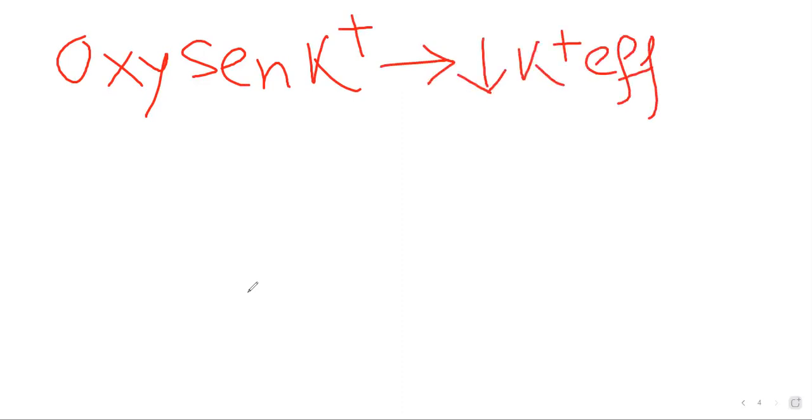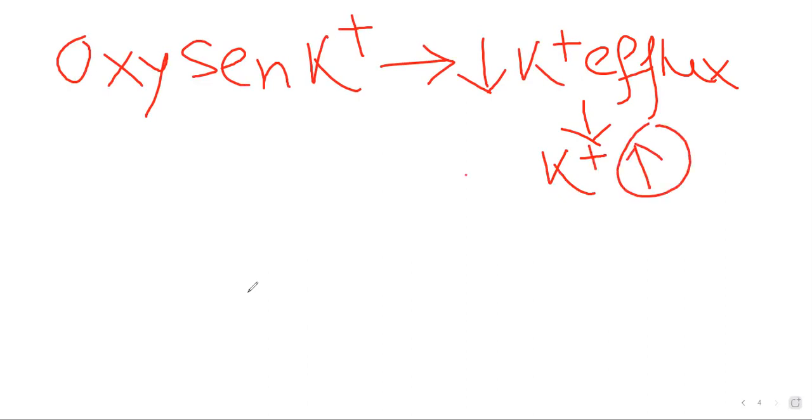Now this decreased potassium ion efflux will lead to an increased potassium ion concentration within the cell, and that will lead to depolarization of the glomus type 1 cell. Now, the depolarization effect will lead to what? It will create more influx of calcium ion via the voltage-gated calcium channel.